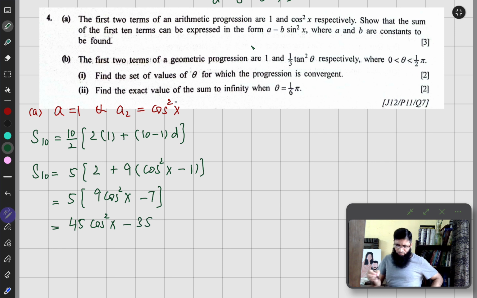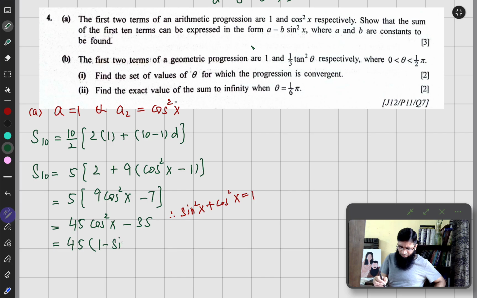And since you know this Pythagorean identity, sine square x plus cos square x is equal to 1, you can write cos square x is equal to 1 minus sine square x. So you will have 45 minus 45 sine square x minus 35.